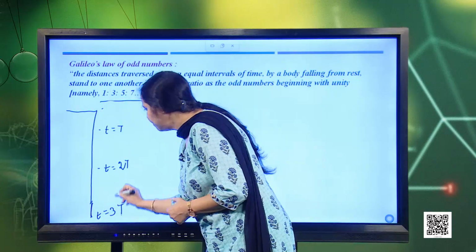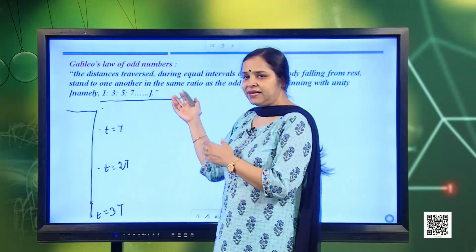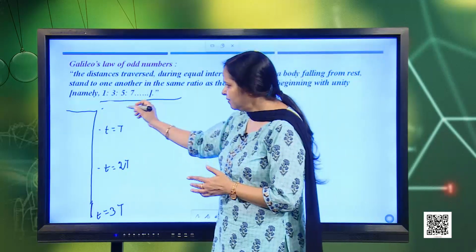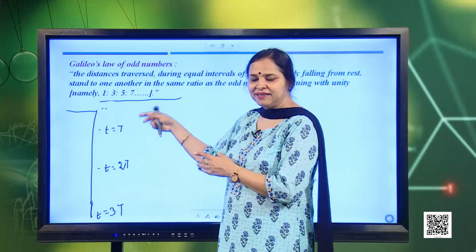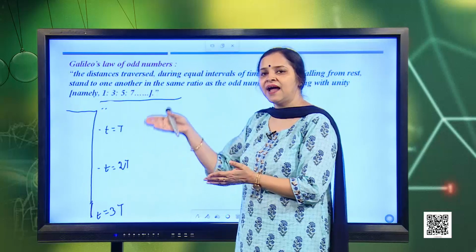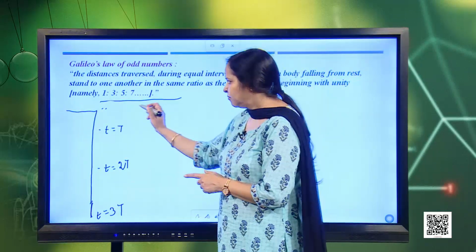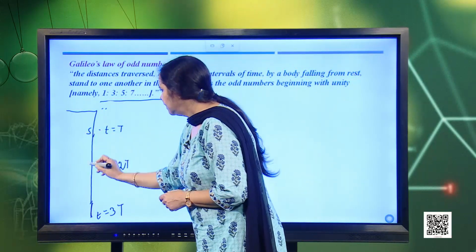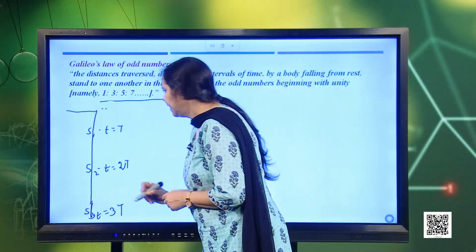This is an equal time interval which I have distributed here, and we know that in equal intervals of time the distance traveled goes on increasing. As the object falls from here, in the first time interval the distance traveled will be least, then in the second successive time interval the distance increases, and the process continues in free fall motion. Now suppose I consider the distances traveled to be S1, S2, and S3.